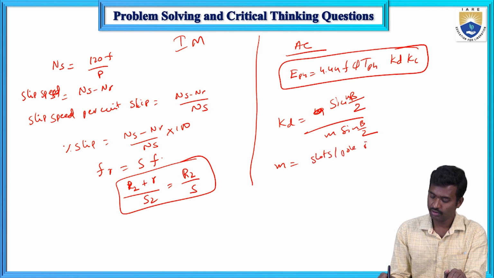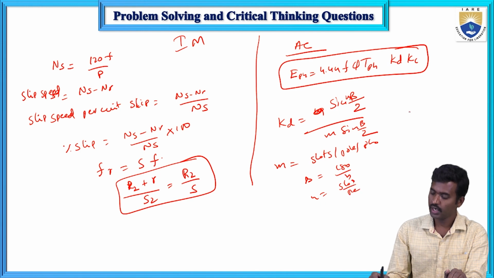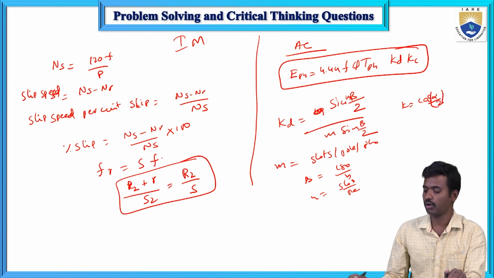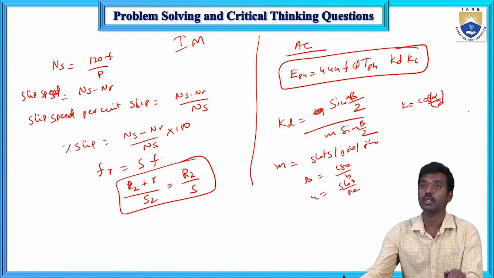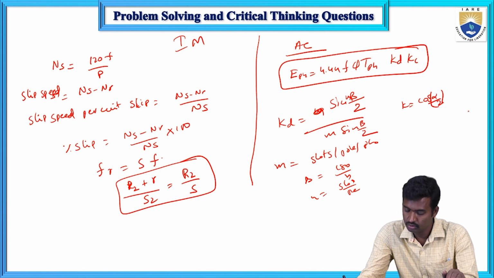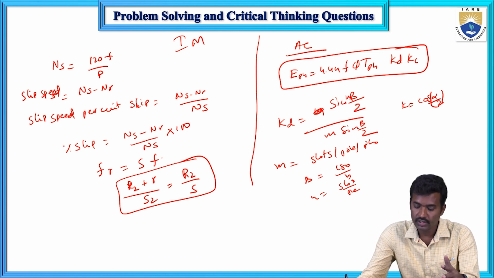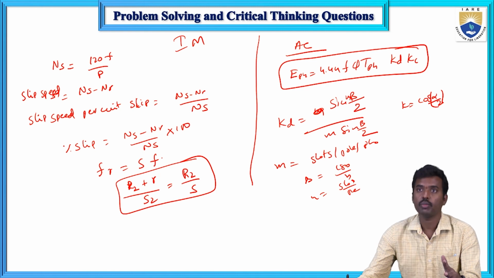In the same way, Kc equals cos alpha by 2, where alpha equals 180 by n. So these are the important formulas in the 5th module.